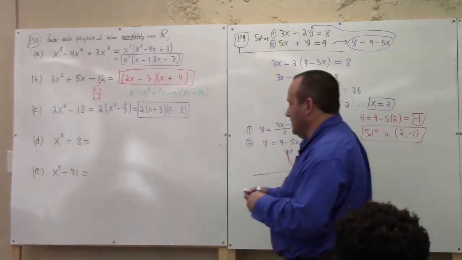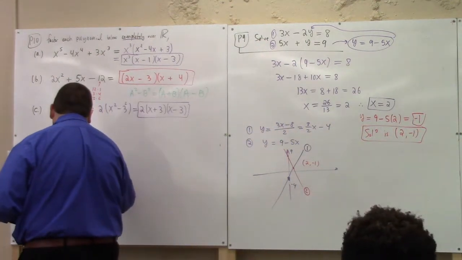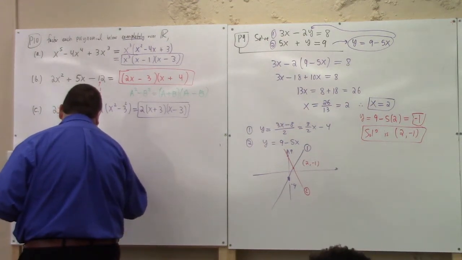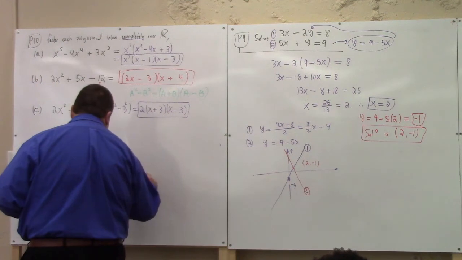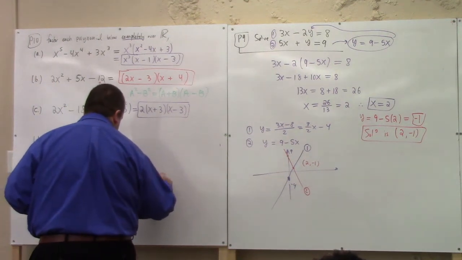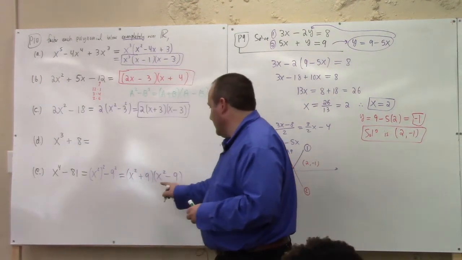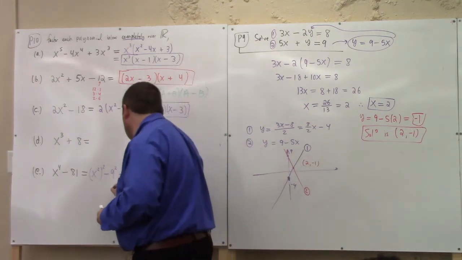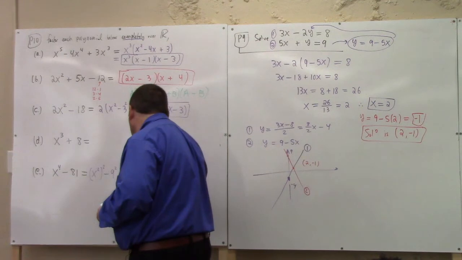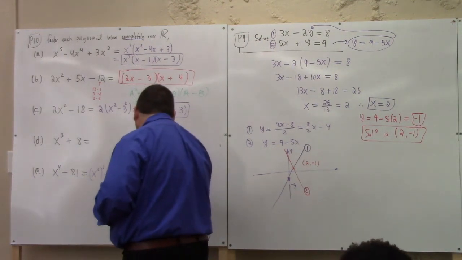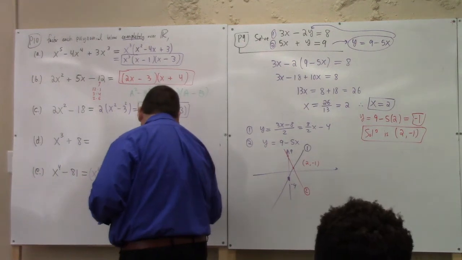Down here, we have x squared squared minus 9 squared, so that's actually x squared plus 9 times x squared minus 9. But we already know that x squared minus 9 factors just like in part C. So the answer to part E here is x squared plus 9 times x plus 3 times x minus 3.